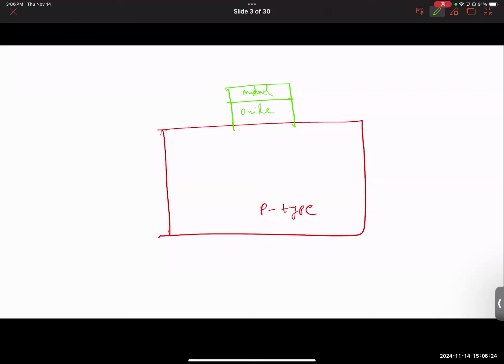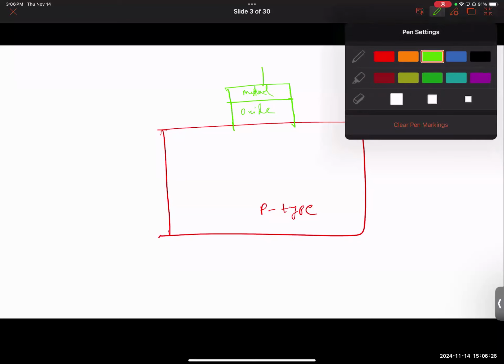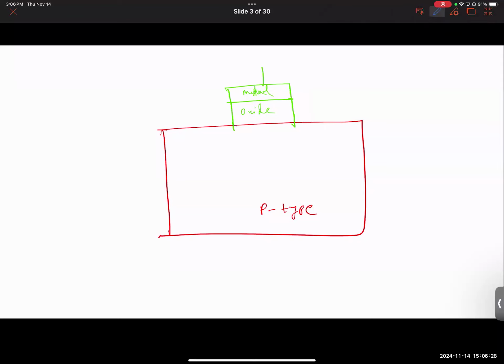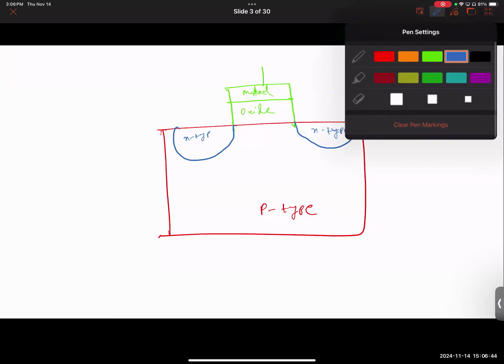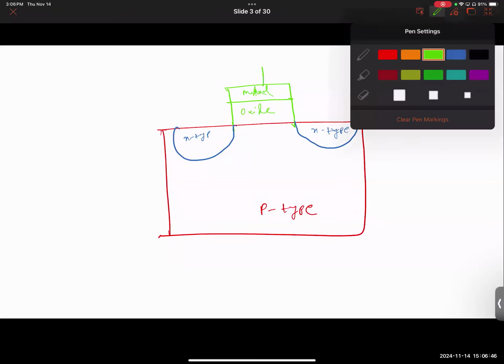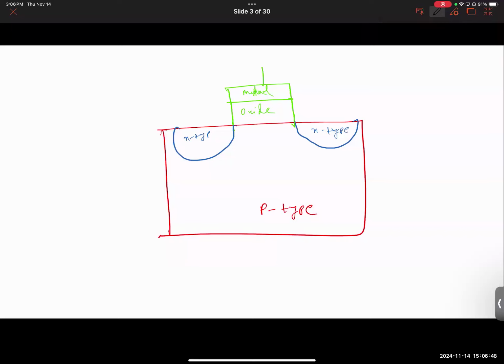Now, say you have two other N-type regions here. What can you do with it? Let's see. Typically, at this interface, notice, this is essentially a PN junction.